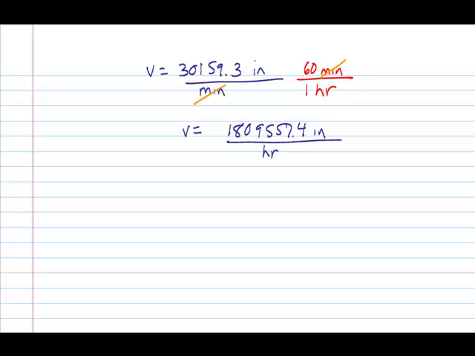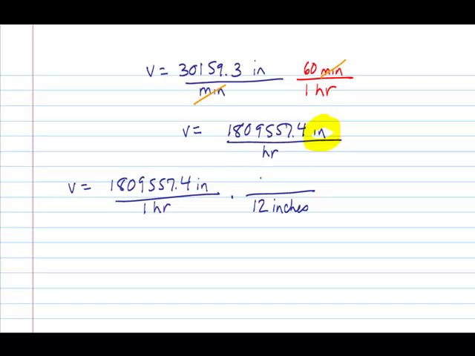Now what we'd like to do is change the inches to miles, because again we're looking for that standard measurement of speed that we have found on the road, and it's going to be miles per hour. So please look at what we're going to be doing here. We have inches per hour. We'd like to get rid of the inches, so we're going to put 12 inches here, because there's 12 inches in every 1 foot.